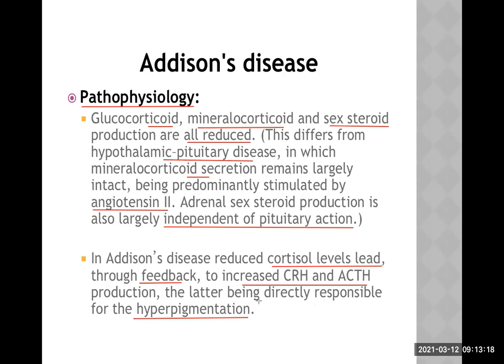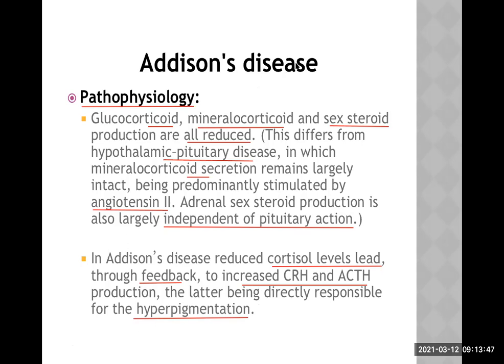Okay, you have to say it is producing melanin. That melanin pigment is responsible for pigmentation of the skin. So that is the proper answer. ACTH stimulates those melanocytes for more production of melanin. That's why the person becomes hyperpigmented.